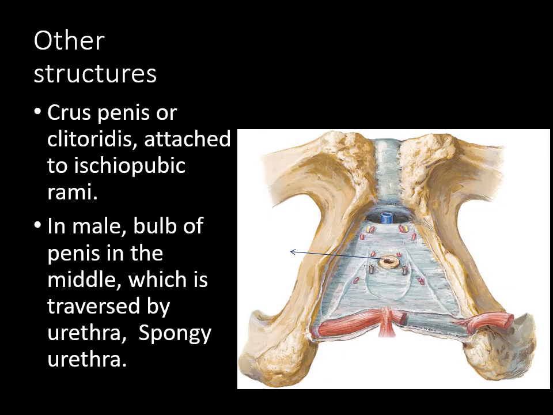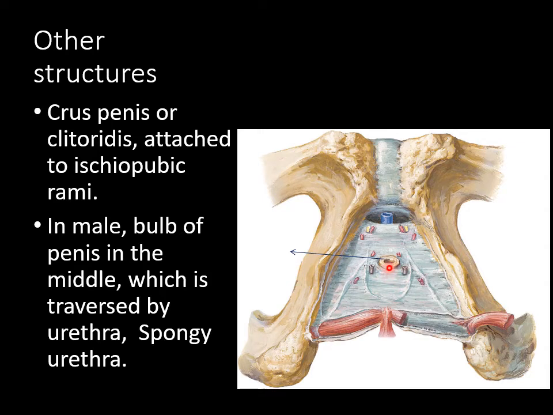Then other structures. What other structures can you identify in the superficial perineal pouch? Crus penis or crus clitoridis attached to the ischiopubic ramus. In the case of male, the bulbospongiosus, the bulb of the penis, in the midline, attaches to the perineal membrane and is traversed by the urethra.